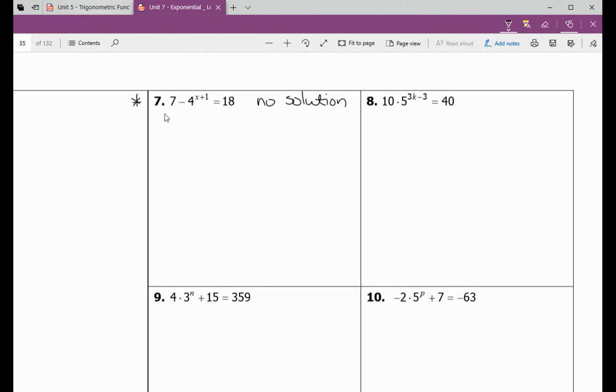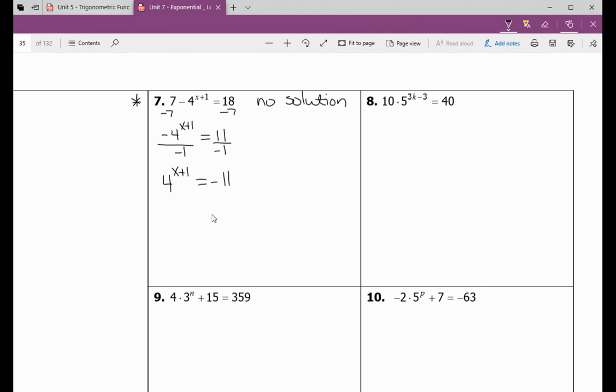So here, the first thing I'm going to do is subtract the 7 because we got some stuff on the outside of that base in the exponent. So that gives me negative 4 to the x plus 1 power equals 11. I can't even have that negative, so I'm going to divide by negative 1. So that gives me 4 to the x plus 1 power equals negative 11.